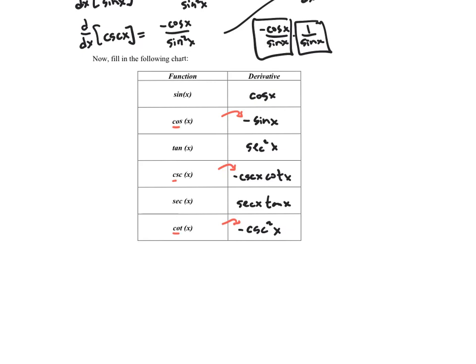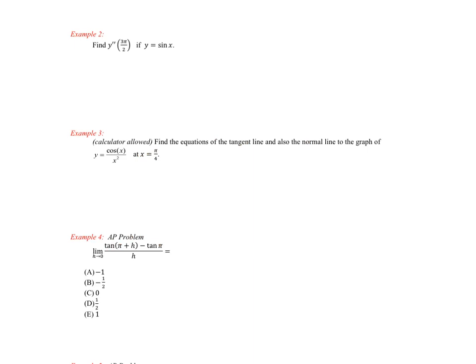All right, we got 2 more slides. Let's get to them. I see y double prime of 3 pi over 2. So y prime of x is the derivative of sine x, which is cosine x. Y double prime of x will equal negative sine x, right? I'm just taking the derivative of the first derivative.